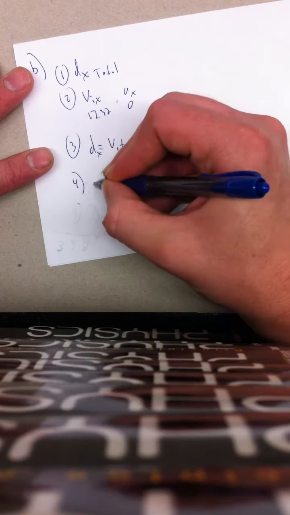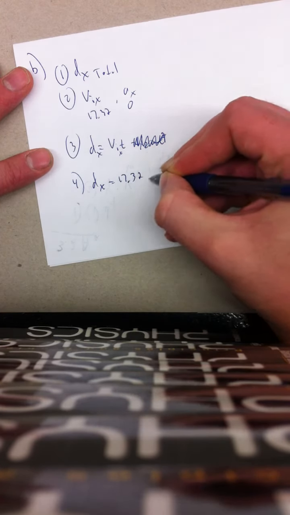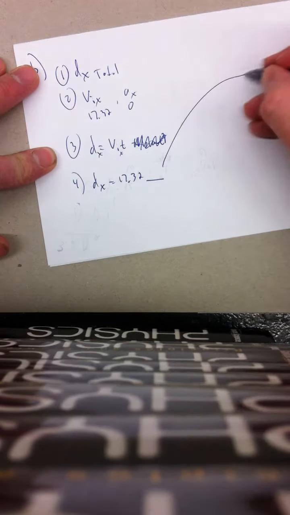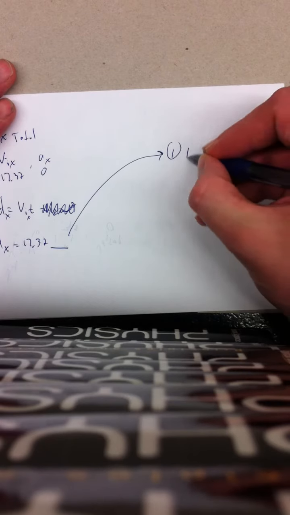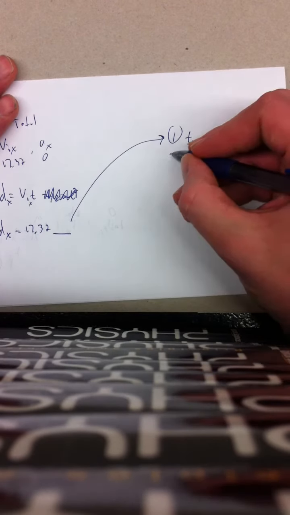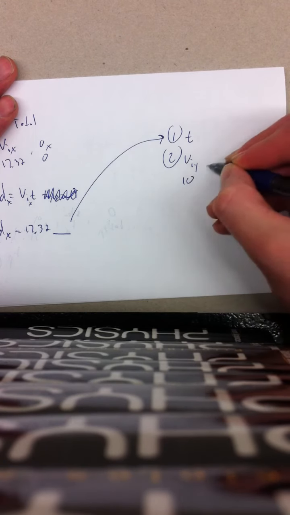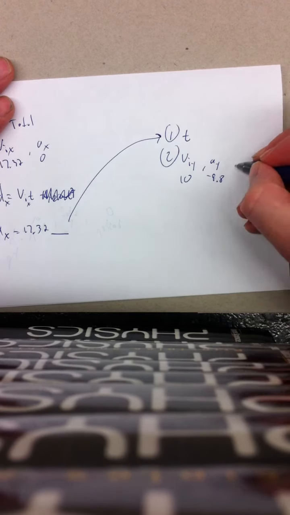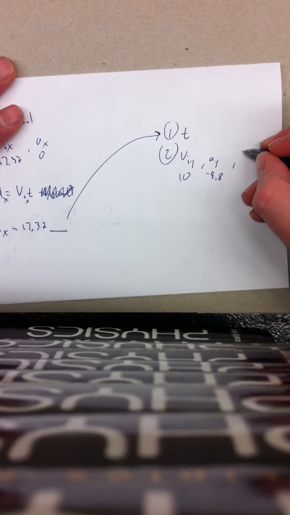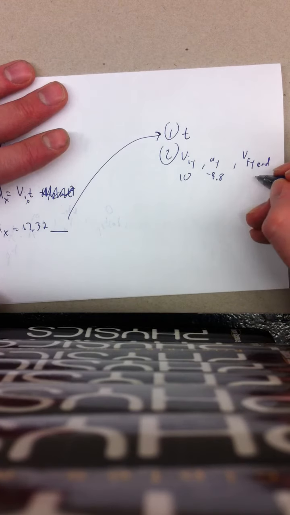Step 4, dx is equal to 17.32, and we're going to solve for time. Here we'll do a bypass. The best way to solve for time right now is to use the vertical column. I'm going to use VIY, which is 10, AY, which is negative 9.8, and I'm also going to use the VFY at the end is going to be equal to negative 10.